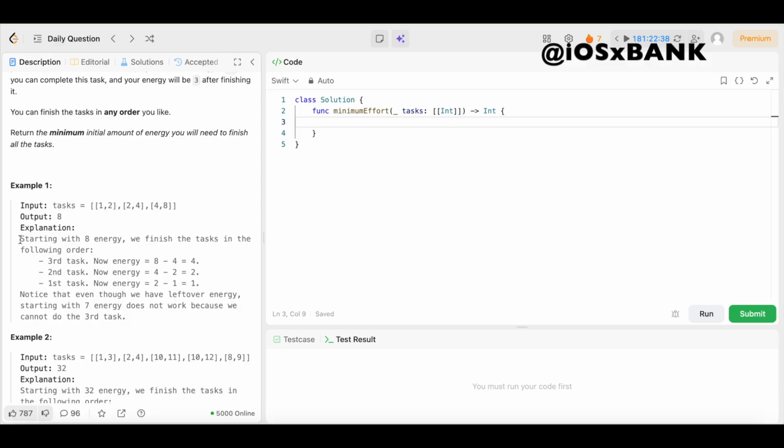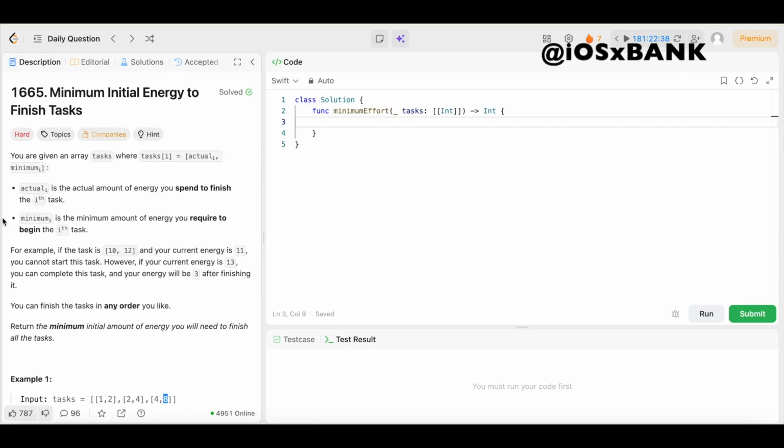So, we're starting with 8 energy. We finish the tasks in the following order. We start with 8 energy, so that means we can start all of these tasks, but we are going to start with the third task. Remember, minimum is the minimum amount of energy required to begin that task, and that would be the value on the right side of the array.